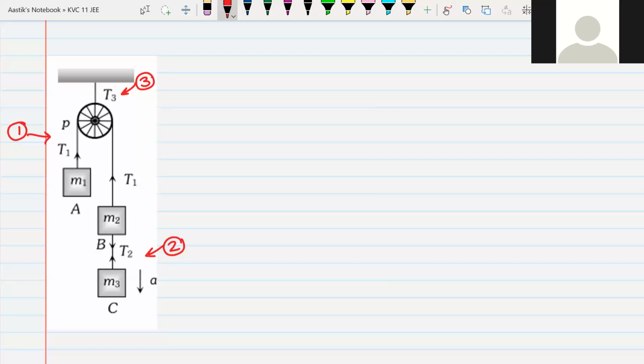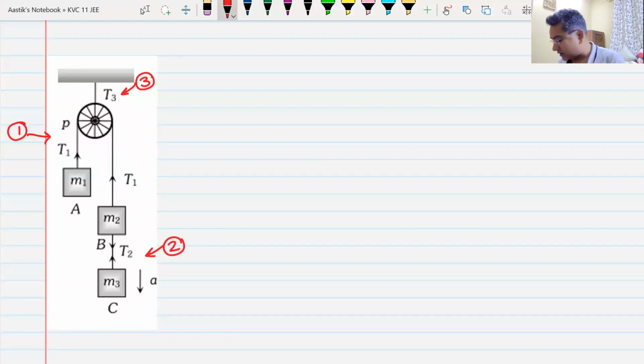A is equal to minus (M1 minus M2 minus M3) G divided by M1 plus M2 plus M3. I did not get what you said. I just heard divided by M1 plus M2 plus M3. What is in the numerator? A is equal to minus M1 plus M2 plus M3 into G by M1 plus M2 plus M3. Okay, that looks good. Now, how are you supposed to do this?